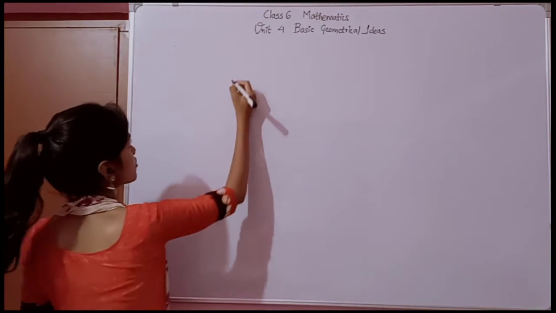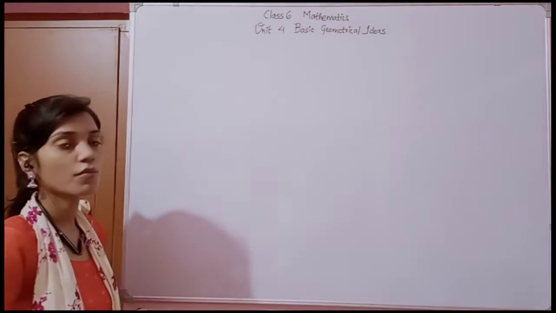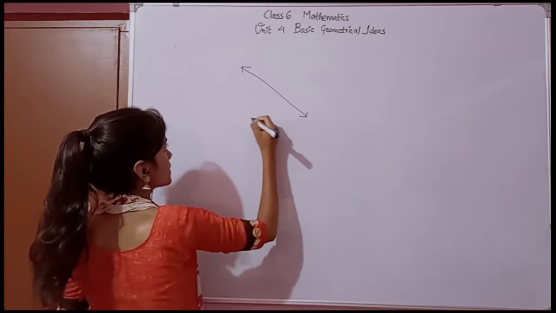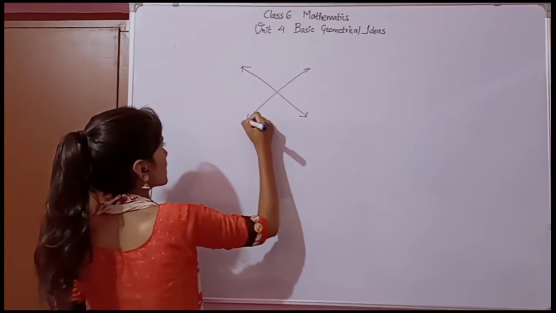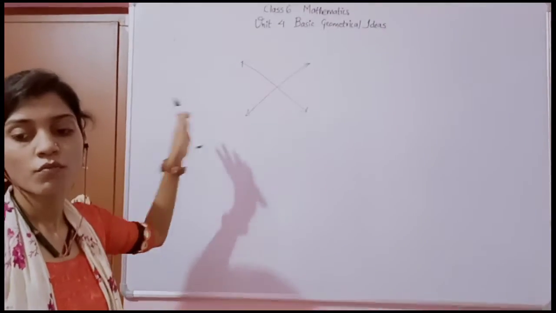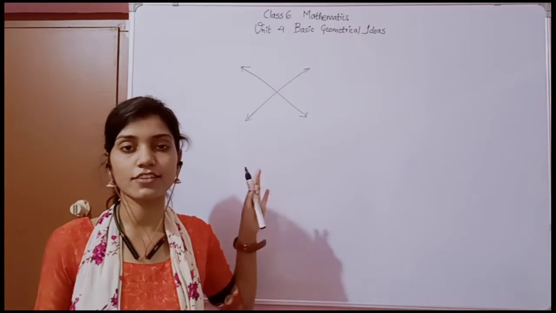Suppose I draw a line in this way. First line and second line. If I draw a line this way, which type of line is it? Can you tell me?